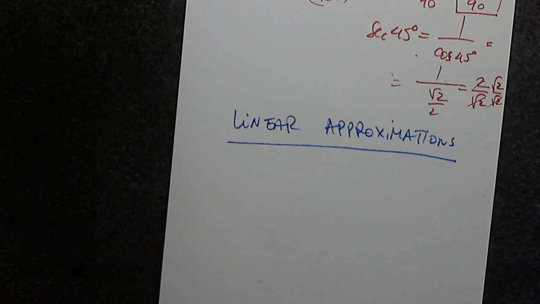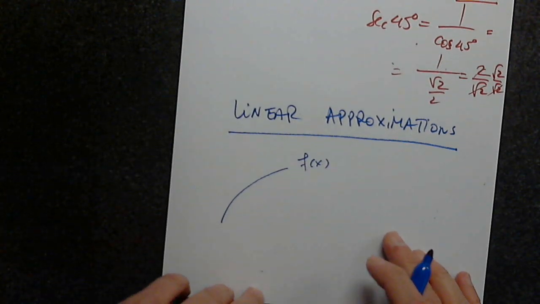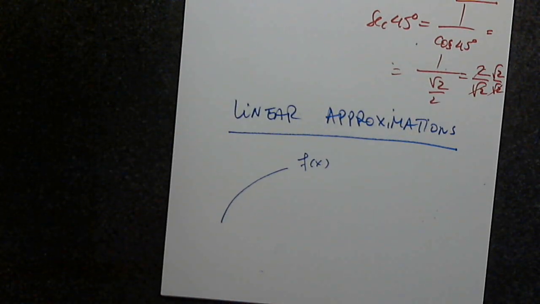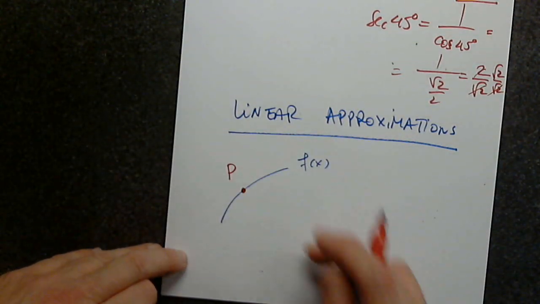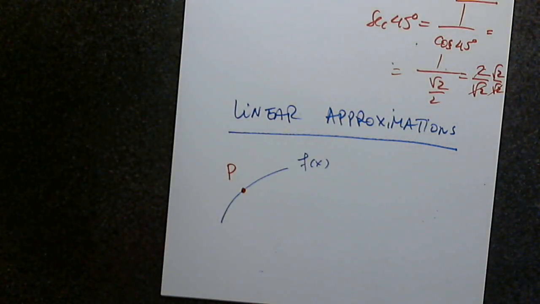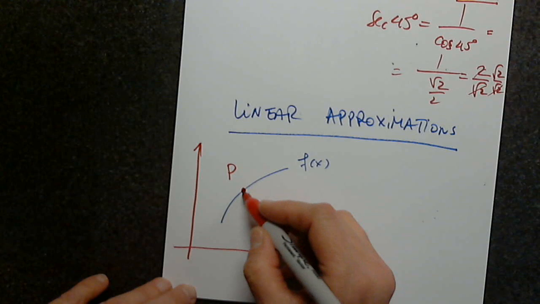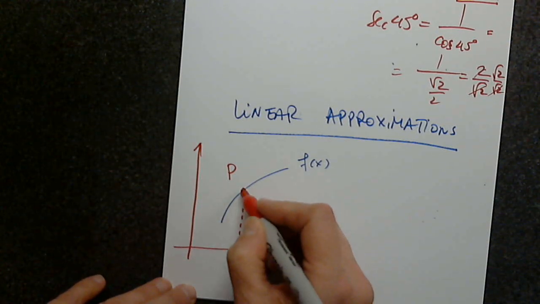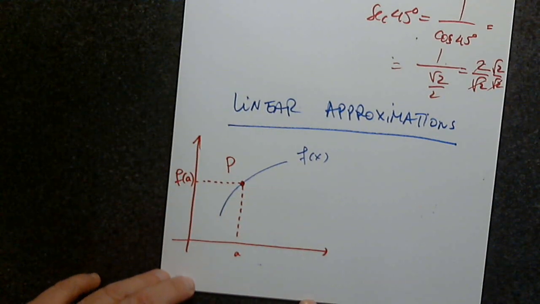Okay. So let's take a look at this function. This is f of x. Yes, our second or third best friend, p. And of course, I'm going to say that p has coordinates a, f of a, of course.